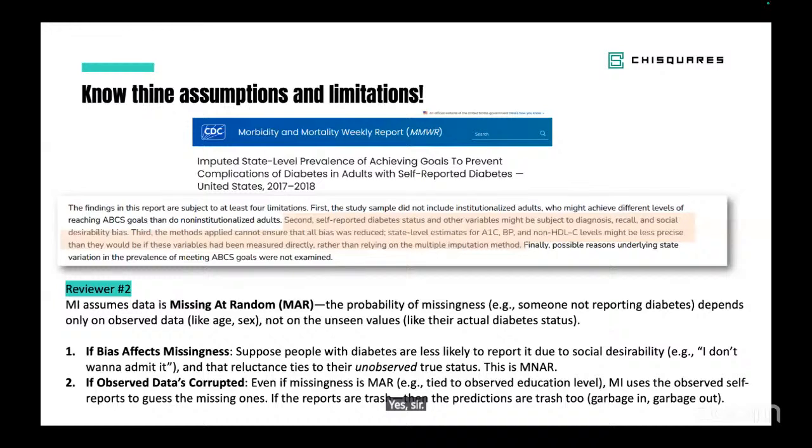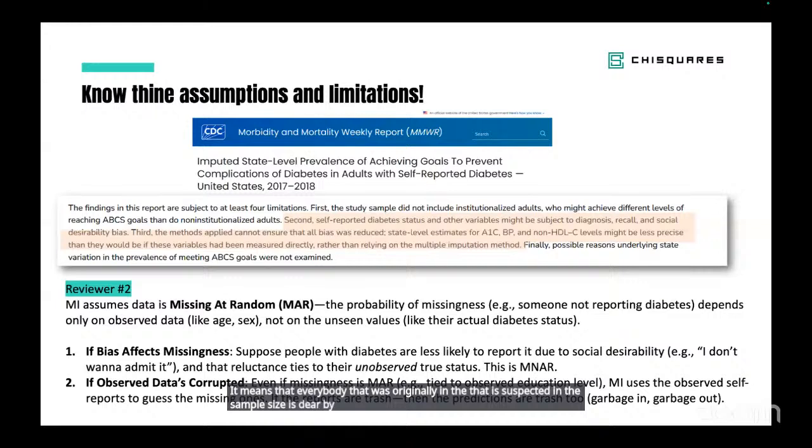I think there's misappropriation of the term. When they say less precise, it would rather be less valid, because precision has to do with the sample size, right? And by doing multiple imputation, it means that everybody that is expected in the sample size is there one way or the other.